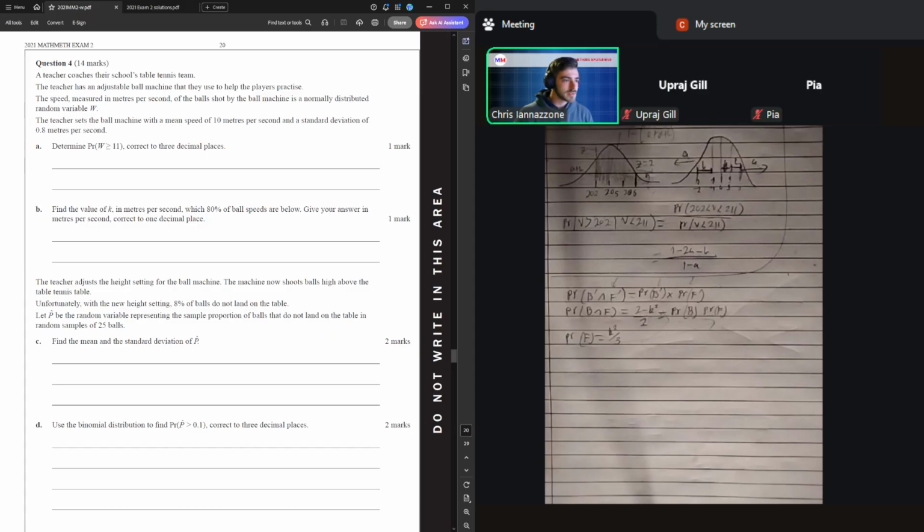Yep, that's right. So the mean of a sample proportion is going to be purely based off of the proportion p, or the population proportion. So if 8% of balls don't land on the table, then 8% is your mean proportion. It feels like it works a little bit weirdly for proportion specifically.